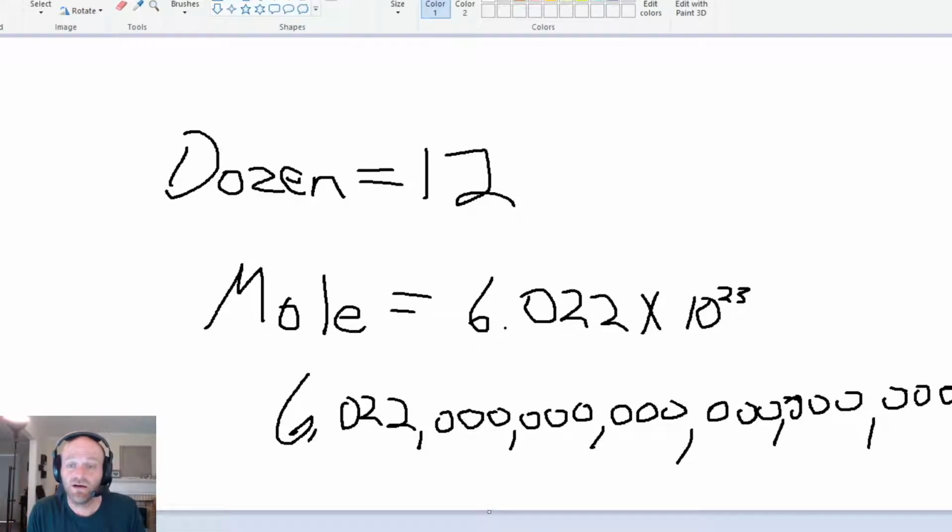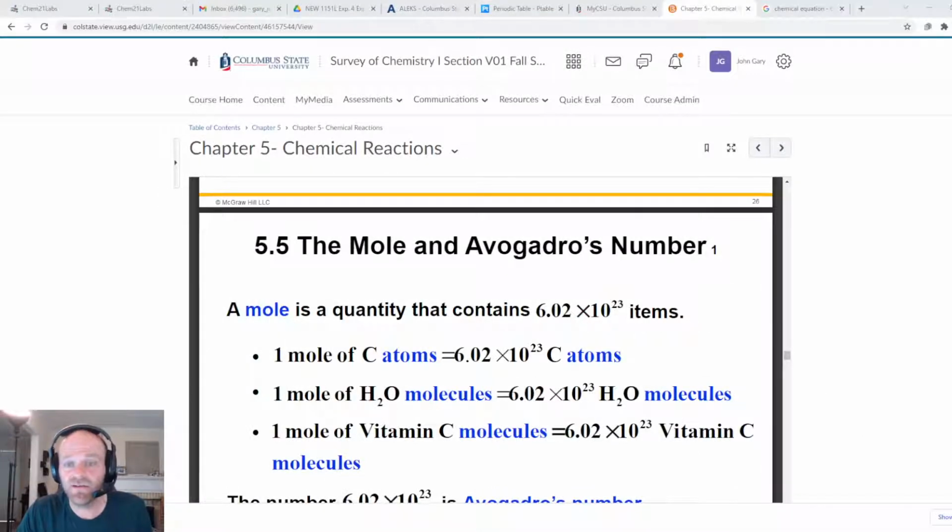So we use the mole to simplify it, right? I can just say I got a mole here, or I can say I got a half a mole, or I got 0.683 moles, right? It's an easy way to represent large counts of these numbers. So I just say that the mole is the count. It's how many of these atoms that I have.